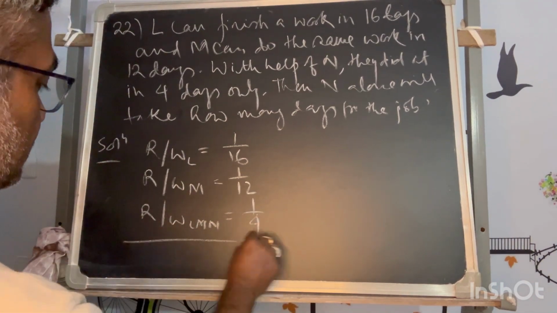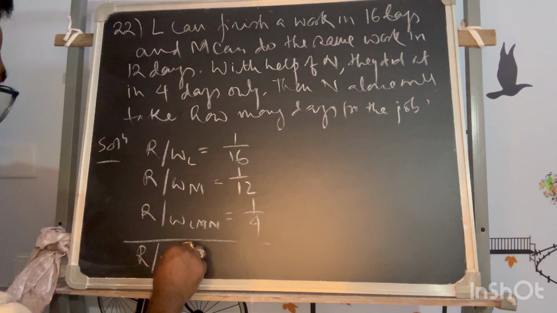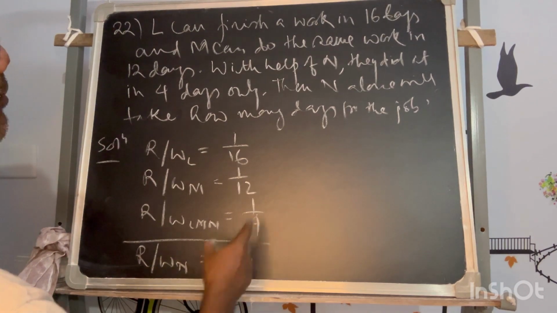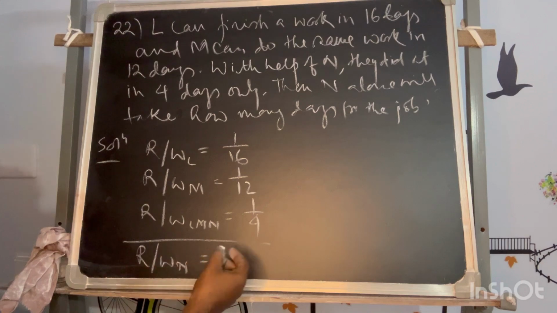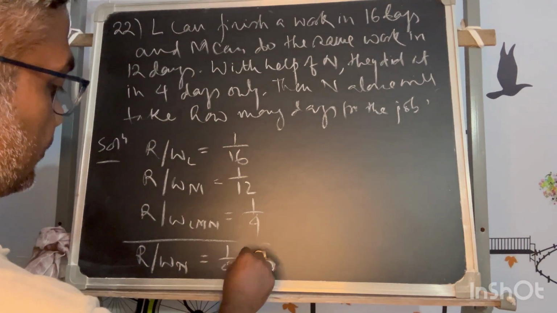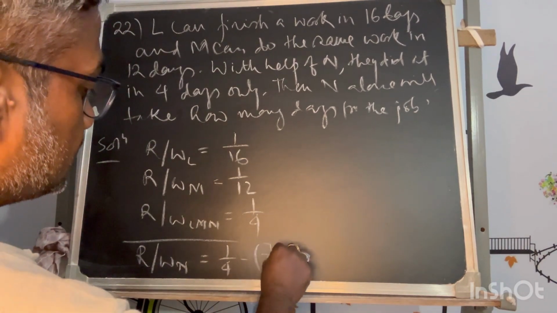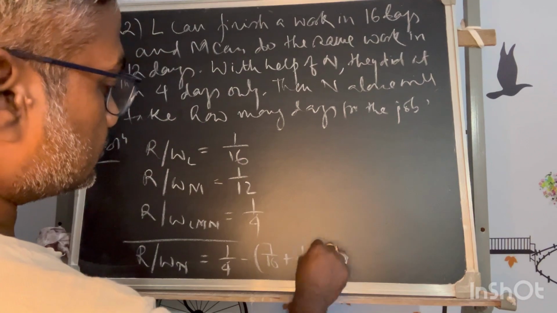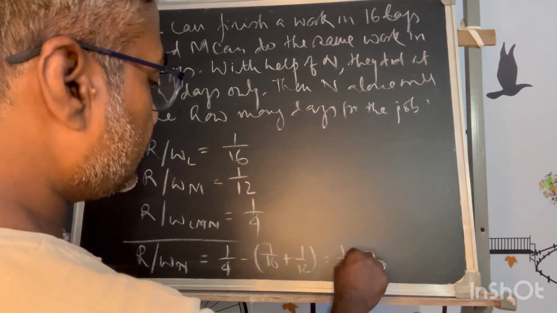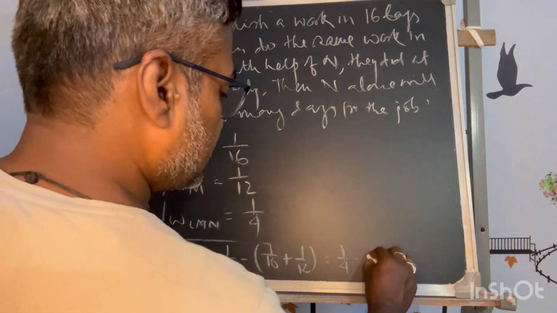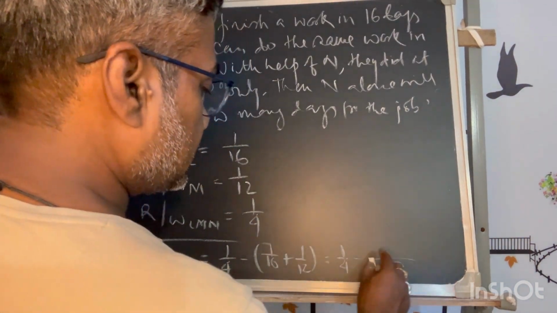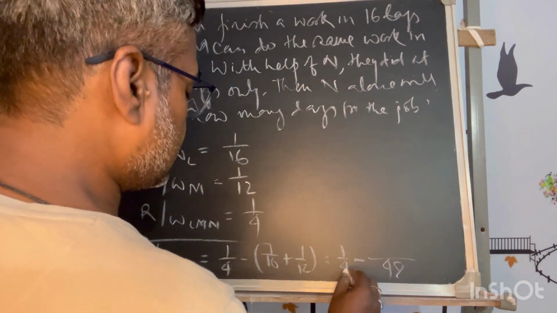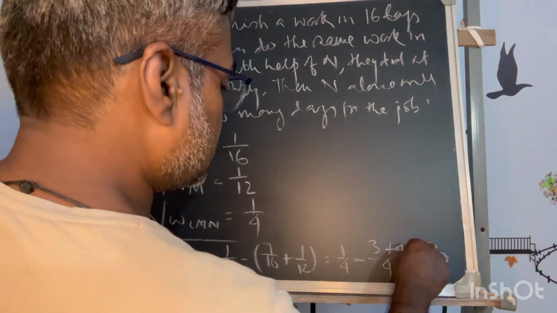So definitely you can find the rate of work of N that is needed, because then we can find how many days alone. Once you find N, it will be easy to find everything needed. What is the LCM for 16 and 12? 48. It will be very easy. Just try it at home. You will find it's not very difficult.